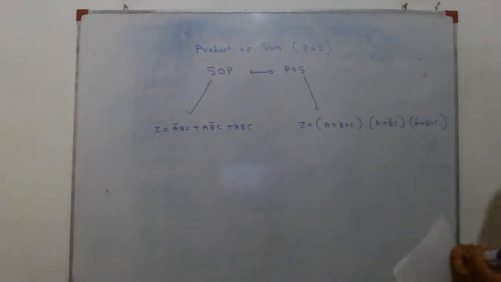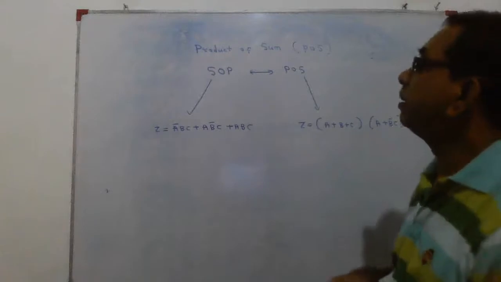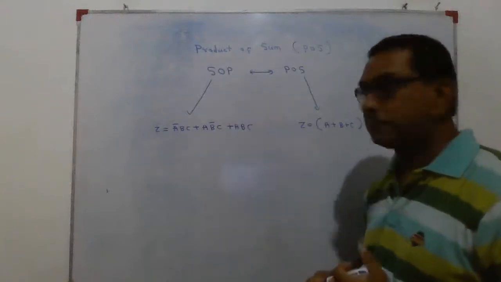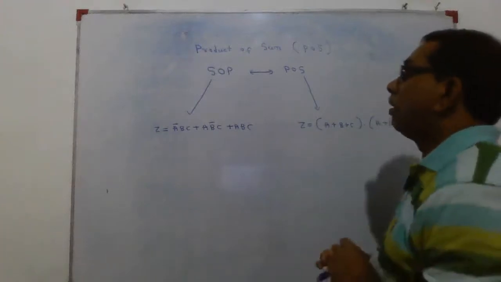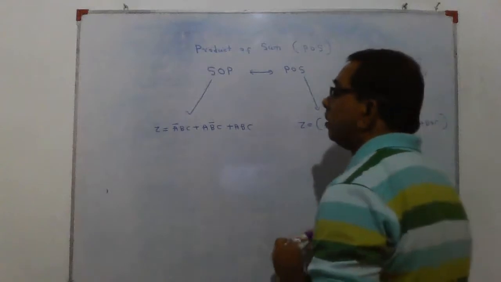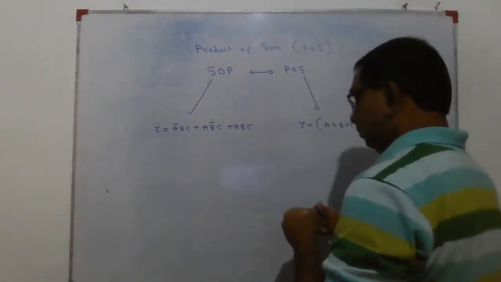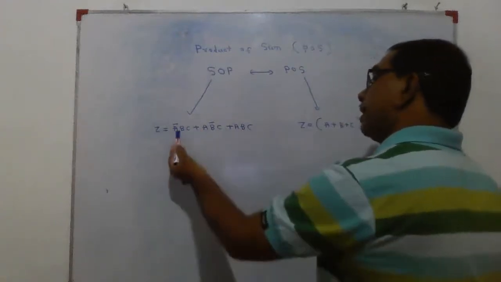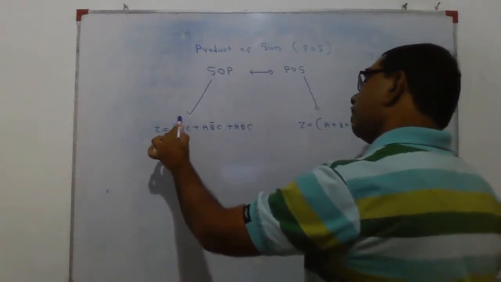Now you can see the difference. SOP, sum of product expressions, I can explain like this. We have output of AND gate.